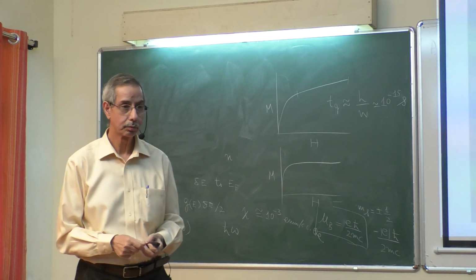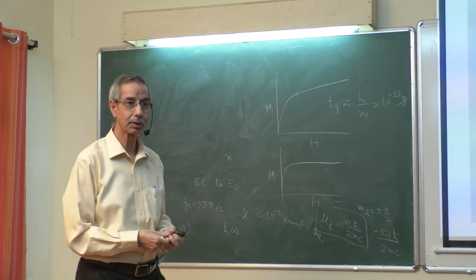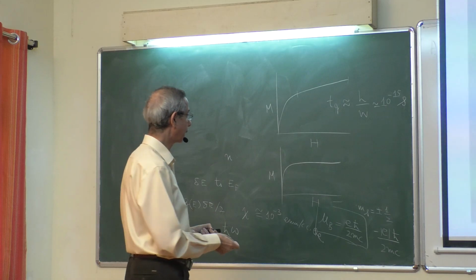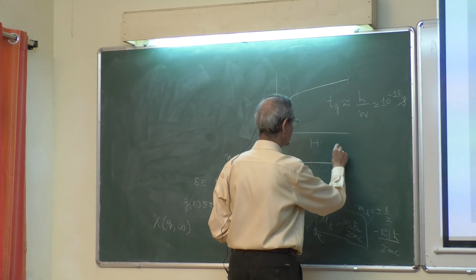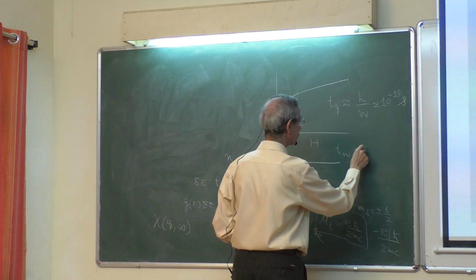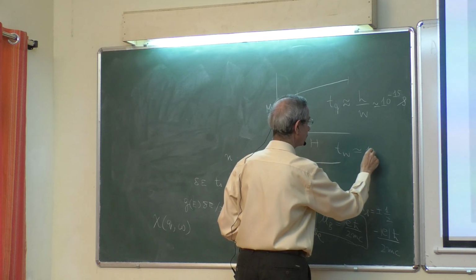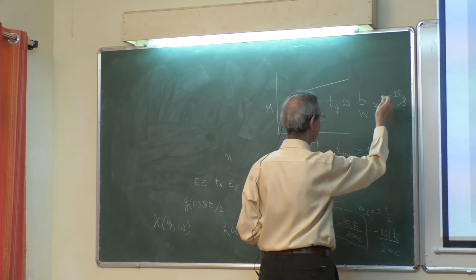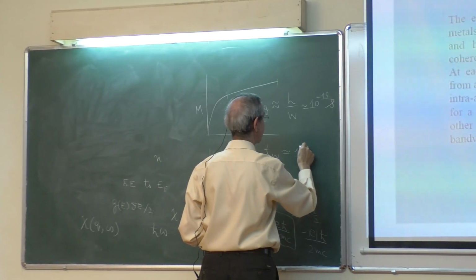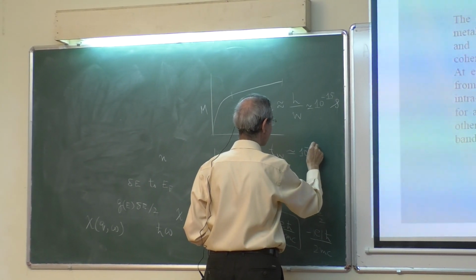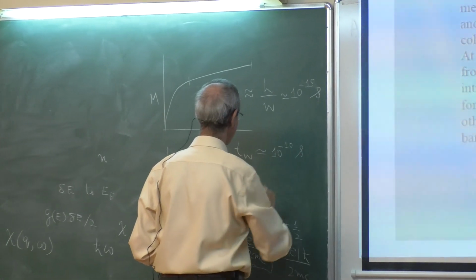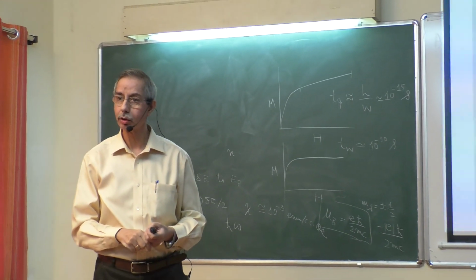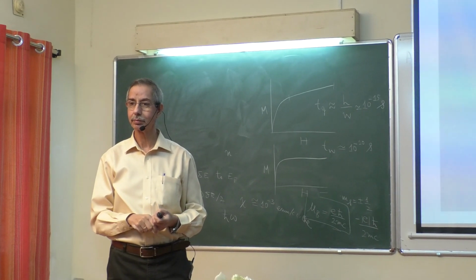Now, if you are measuring this phenomenon, you are looking at the system, and your time window is of the order of, let's say, something higher than this, like 10 to the power minus 6 seconds or minus 10 seconds, what will happen is that these quantum fluctuations will get averaged.